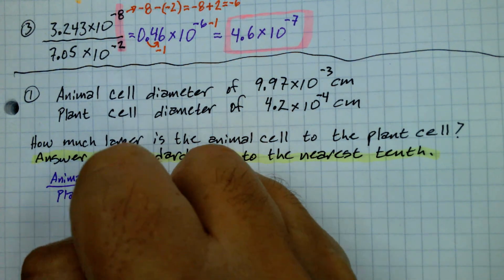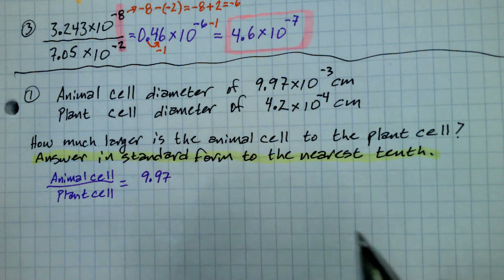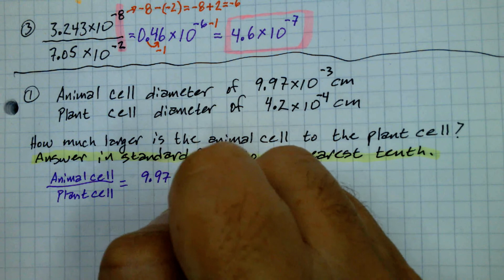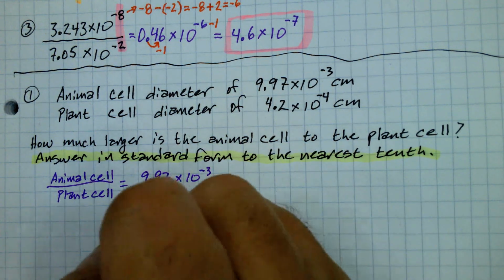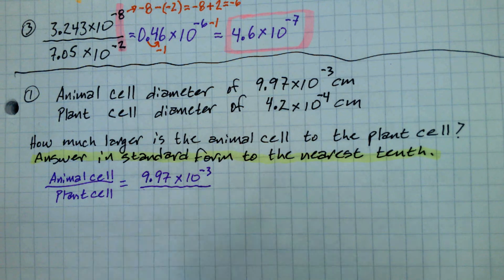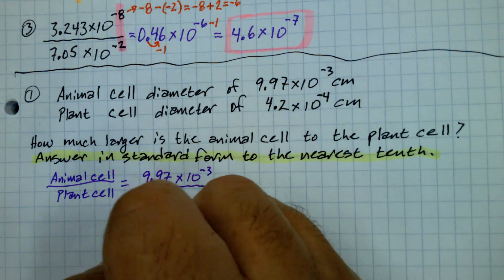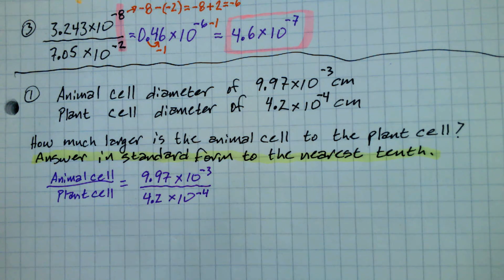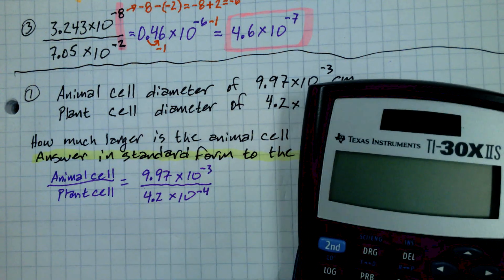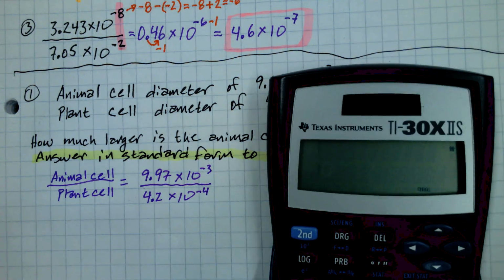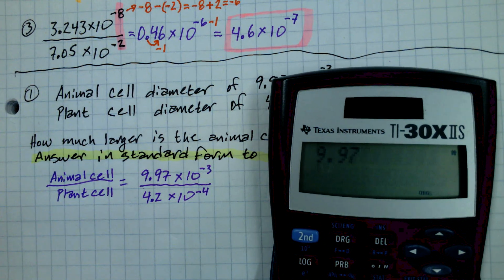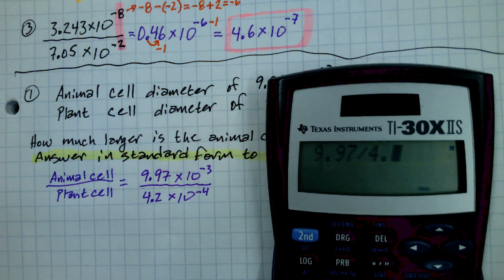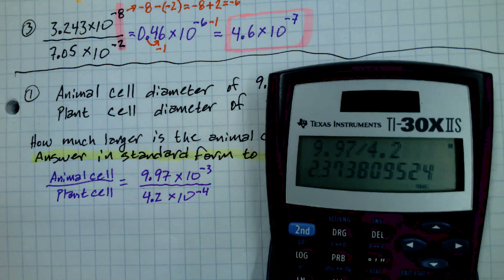So 9.97 times 10 to the negative 3, and then divide that by 4.2 times 10 to the negative 4. Okay. And let's go ahead and do that dividing. 9.97 divided by 4.2.